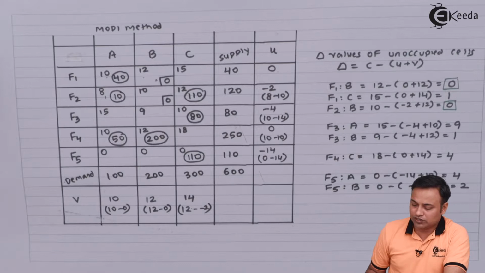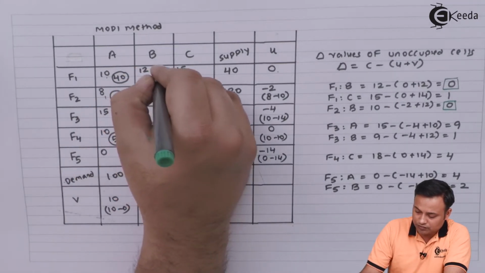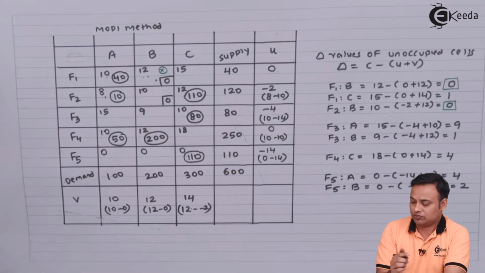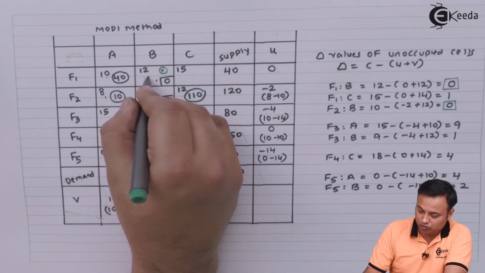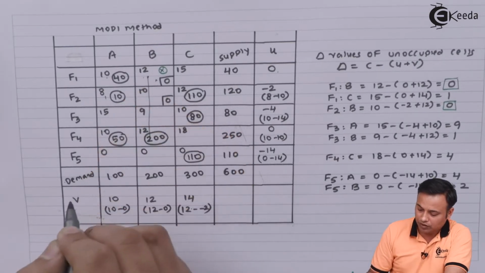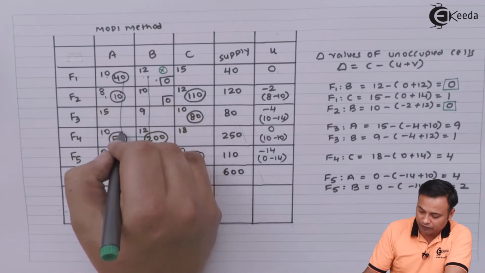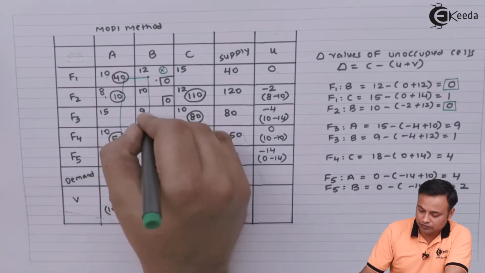So I have two zeros, I can take any one of the two zeros. So I'll try to take the first F1B cell to get the alternate solution. We'll start from this particular point. We'll go to 200, from 200 we will go to 50, from 50 we will go to 40, and from 40 back to the same point.